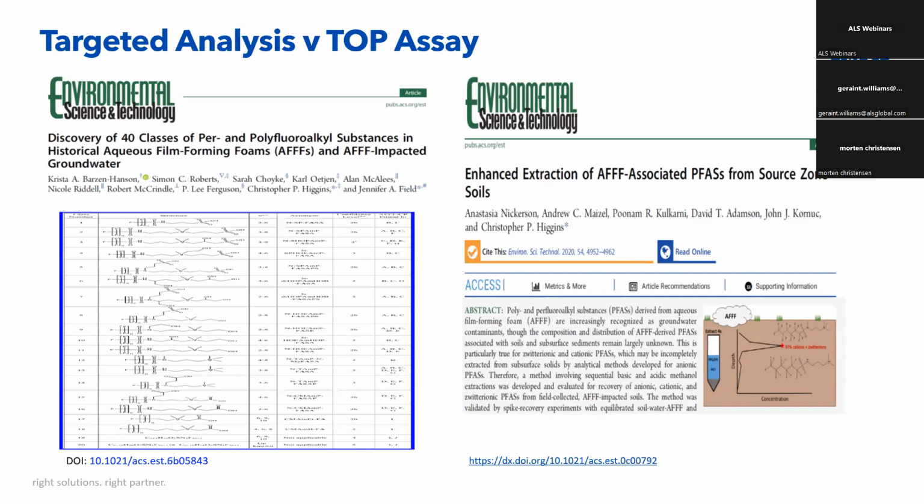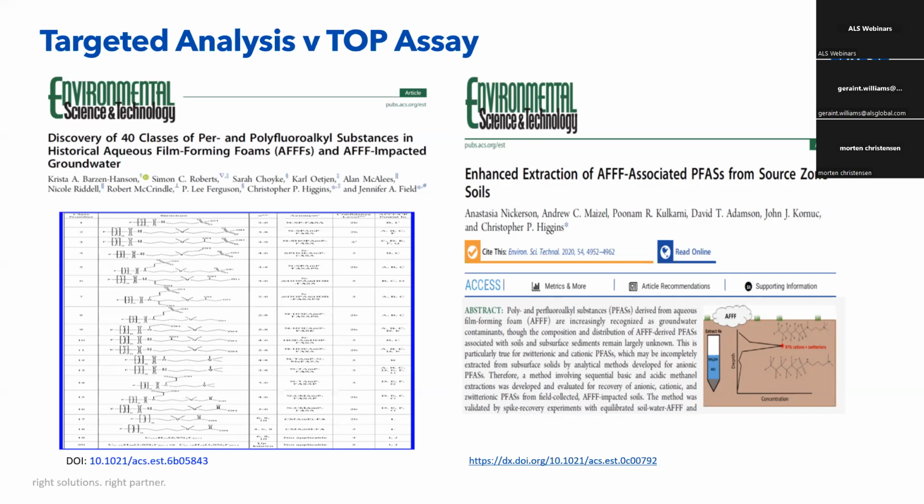So this is just a word of caution. It has happened on some sites where there's been benzene impacted groundwater: people have treated it by pumping oxygen through it, and they've converted some of the precursor compounds. But if you're using TOP assay, you've got an idea of the potential precursors that might be present on your site. And the second paper is also a useful paper.